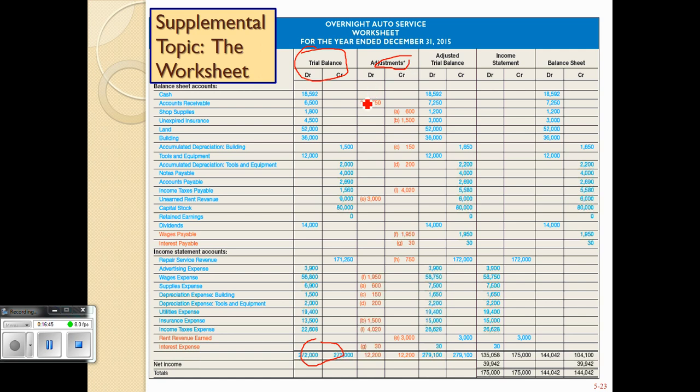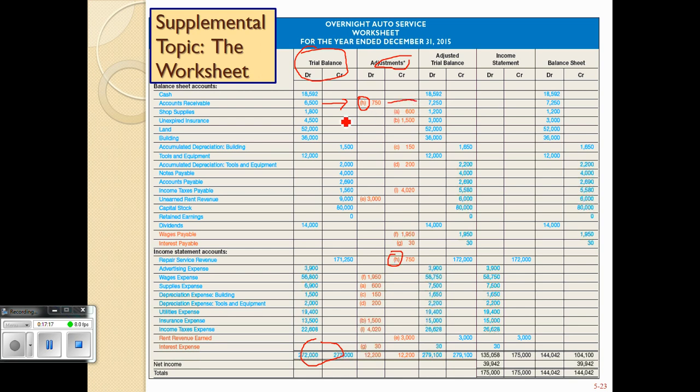A couple of things to note. They marked that that's coming from transaction H. Now I don't know what that is, but that's fine. But notice then also they've got down here transaction H. So if there's any questions about that, I can see really quickly and easily which transactions go with which ones. Notice what they did. They took the 6,500, added the 750 as a debit, and got 7,250.